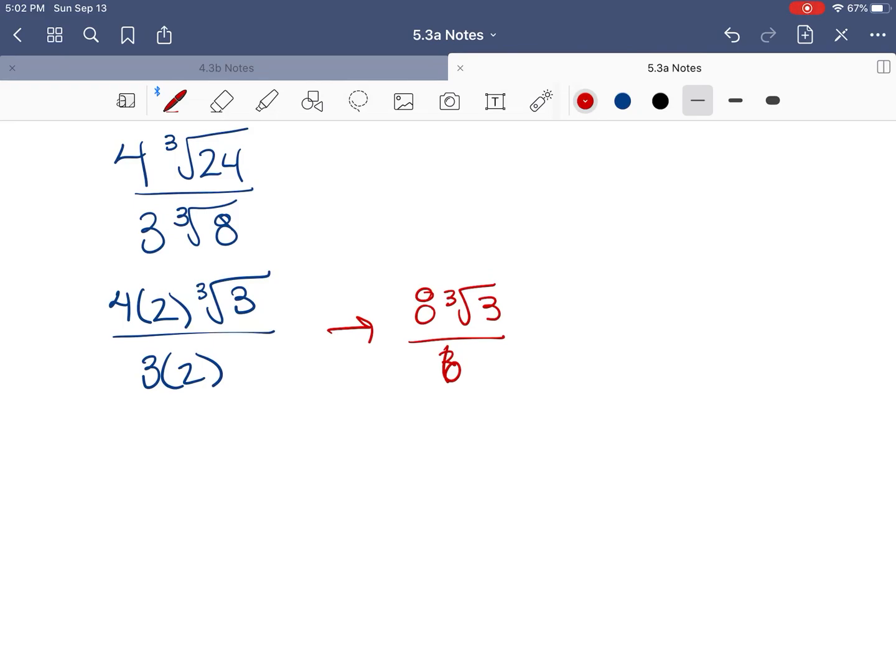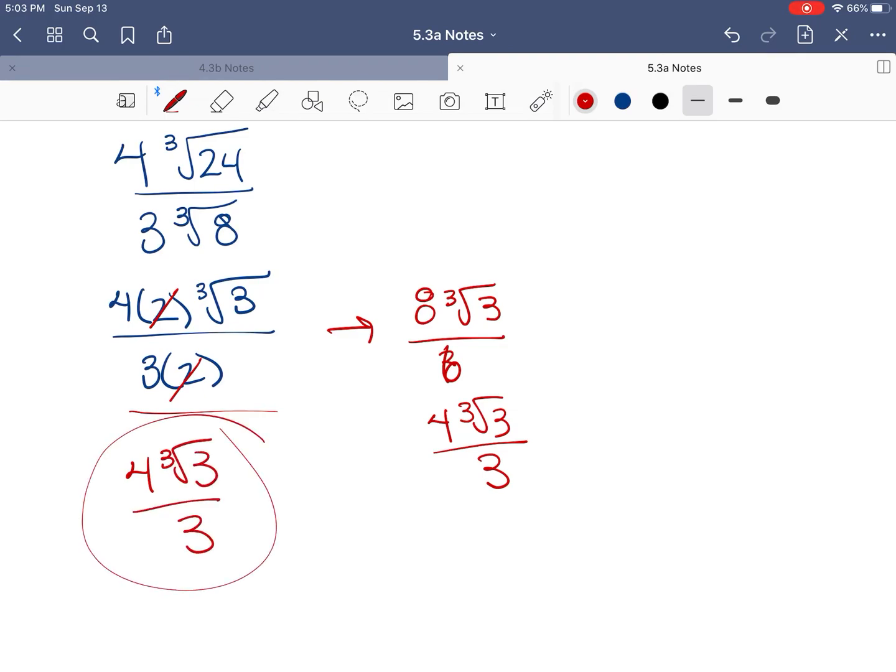Then go, 8 and 6 have a common factor, that's 2. Divide each by 2, and you'd be left with 4 cube root of 3 over 3. However, looking back at our original question, notice 2 is a factor in each case. If I divided each one by 2, I'm already left with 3 cube root of 3 over 3.